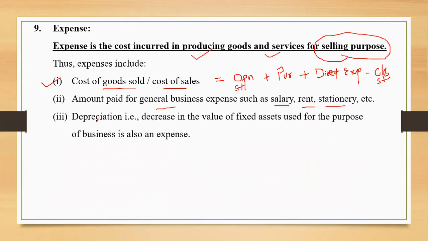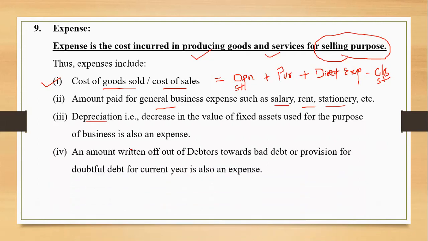It also includes depreciation. We all know depreciation is a gradual and permanent decrease in the value of the fixed asset, right? Apart from this, whatever amount is written off towards bad debt or provision is also to be treated as an expense for the current year.